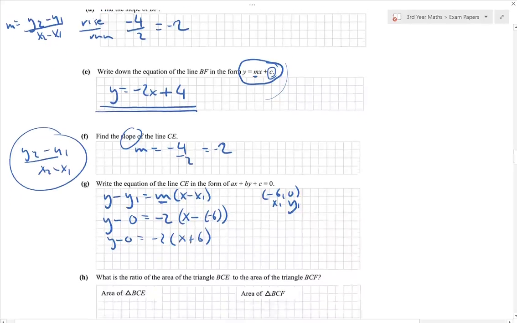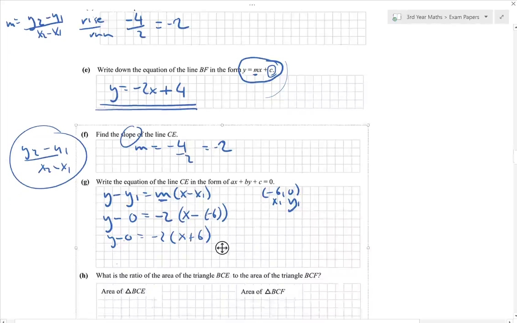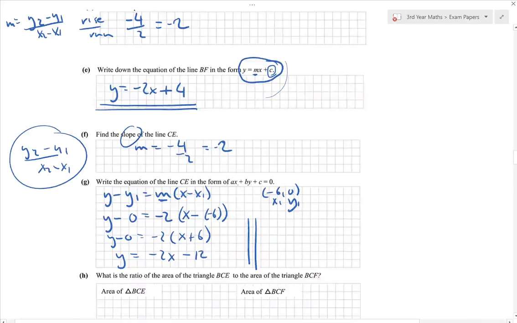We'll multiply out the brackets, so y minus 0 is just y, equals minus 2x minus 12. Bring everything to the left-hand side because it wants the equation equal to 0. So minus 2x comes over and becomes a plus 2x. The y is already on the left-hand side. The minus 12 comes over and becomes a plus 12. And we have it in the right format now.